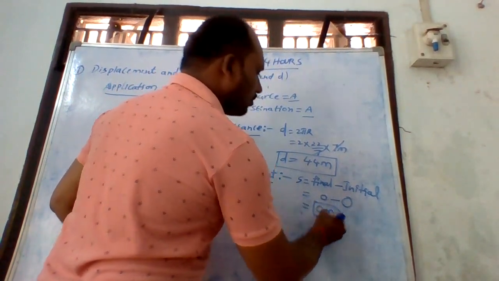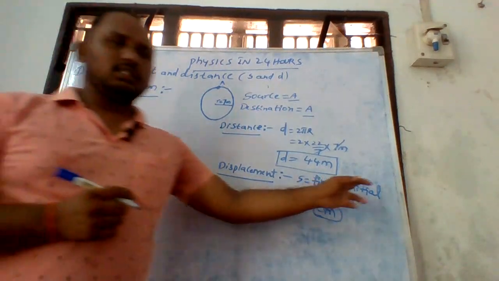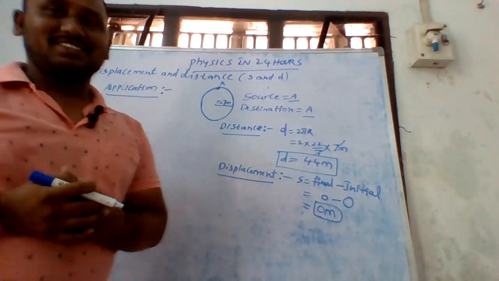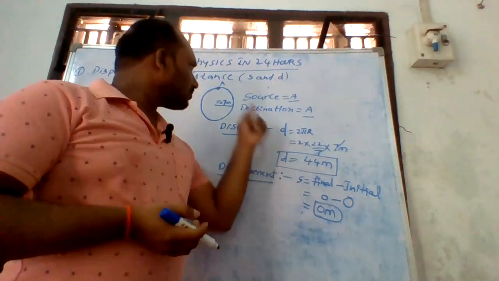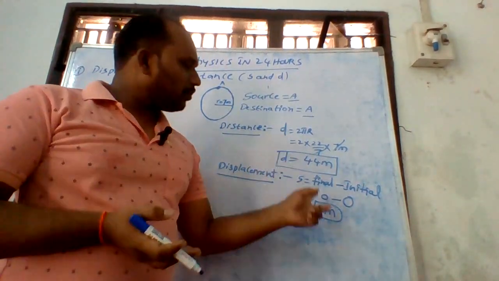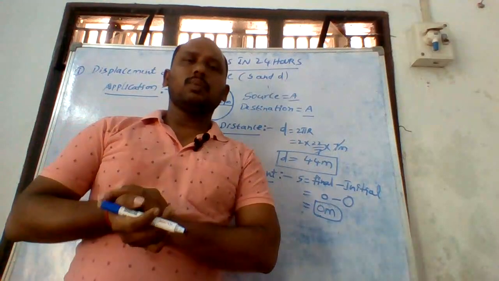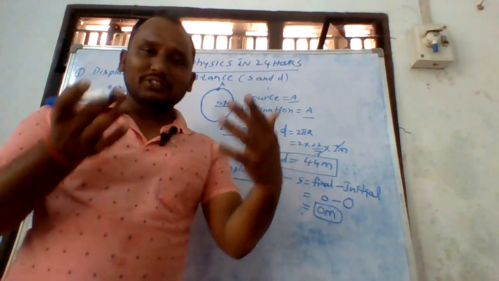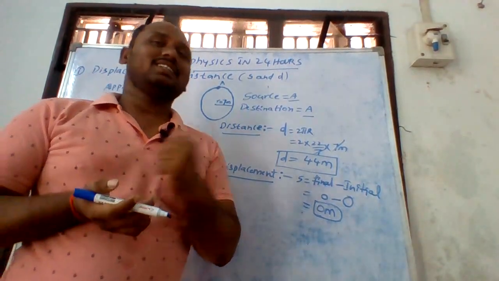This is very, very important. So displacement is 0 meters, which means the path covered is how much? 0 meters is covered. That is a very interesting thing we found here.